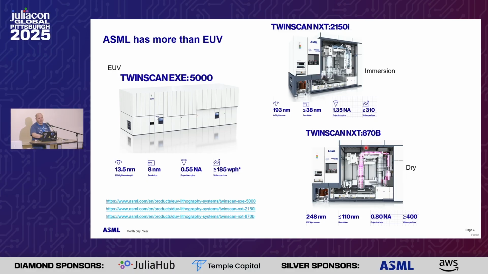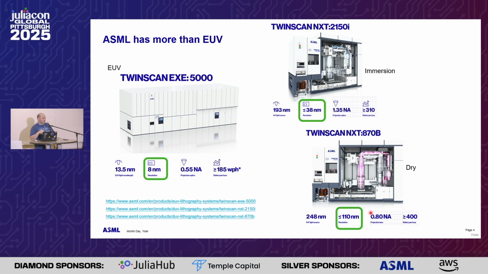I put a couple of those here so you can have an idea. We usually talk about the nanometer resolution of each machine. EUV has 8 nanometer resolution, I took this from the website. The previous one has 38 nanometer resolution and the dry one 110 nanometer resolution.